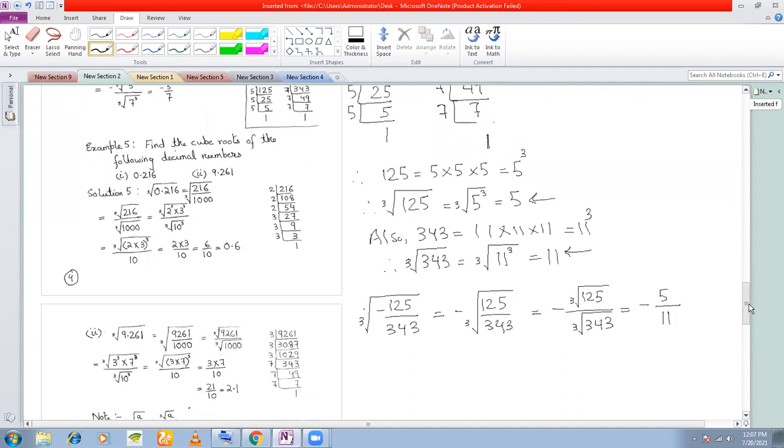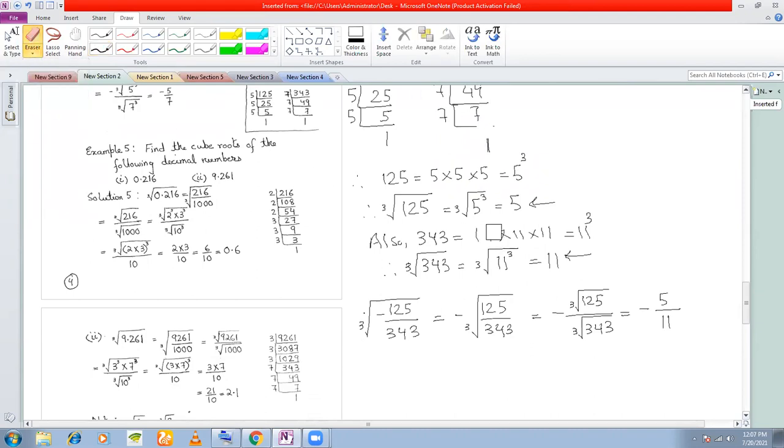So this is not 11 cube, but in fact, this will be 7 into 7 into 7. So this is 7 cube. This is cube root of 7 cube, which is equal to 7. So while writing here, let's change this to 7. Okay, that's it.